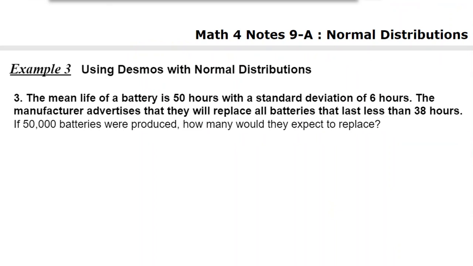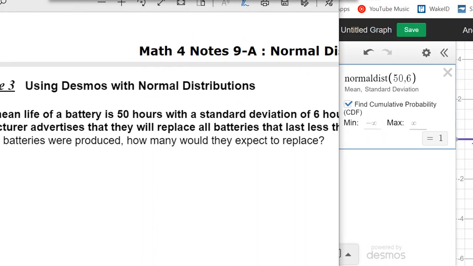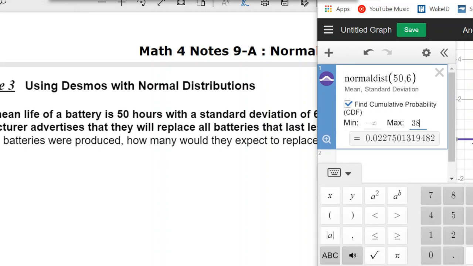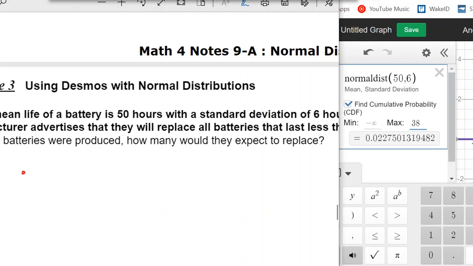So we're talking less than 38. That would be from negative infinity up through 38, which gives us that kind of a decimal. Now, if we're talking about 50,000 batteries, I'm going to have a few decimal places. 0.02275, that 0 afterwards sounds like a good place to cut it off.